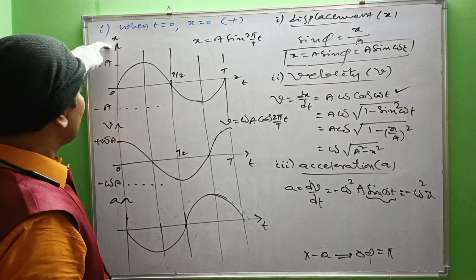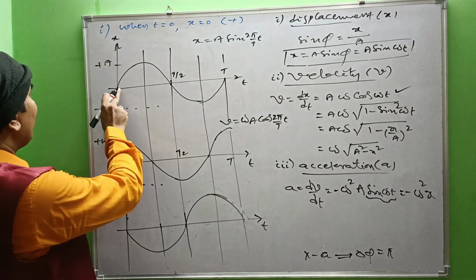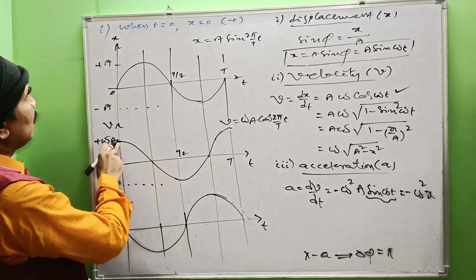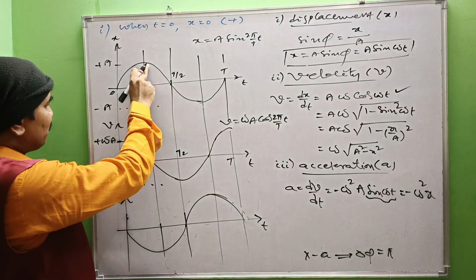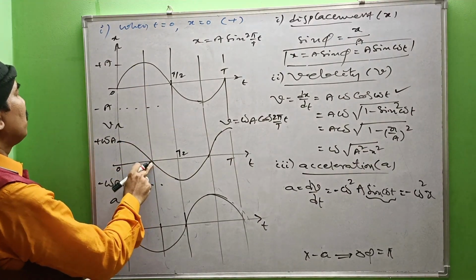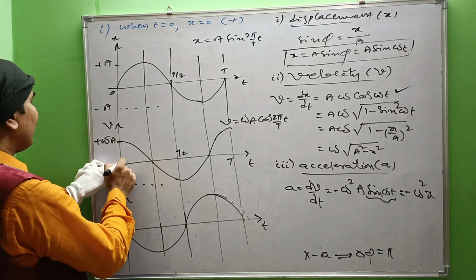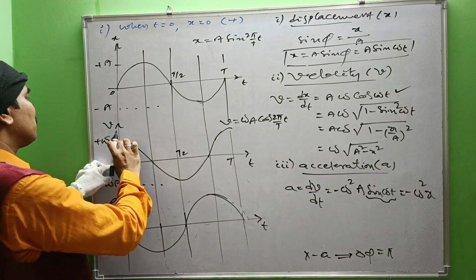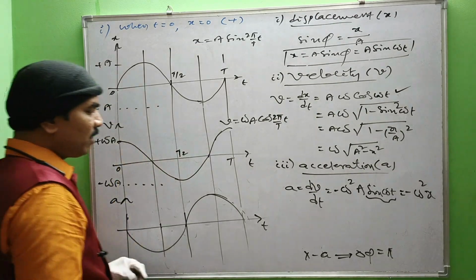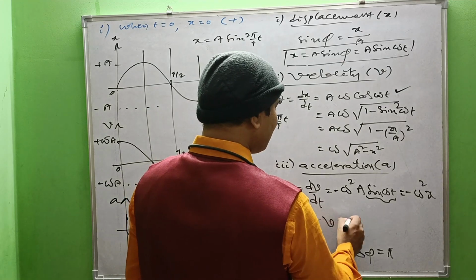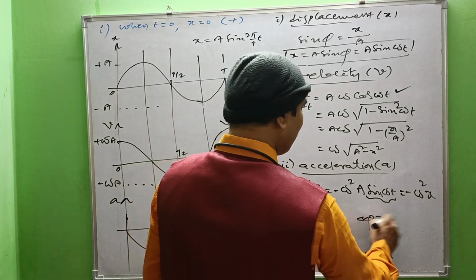Between displacement and velocity, see here, when displacement is 0, velocity has its peak value. When displacement is maximum, velocity becomes 0. So what is the phase difference between these two? Pi by 2. So between x and v, phase difference delta phi equal to pi by 2.